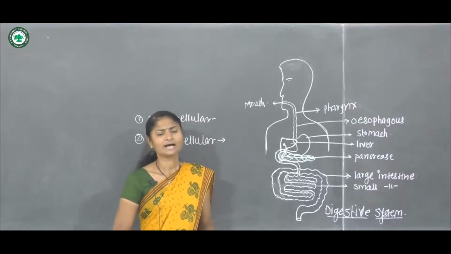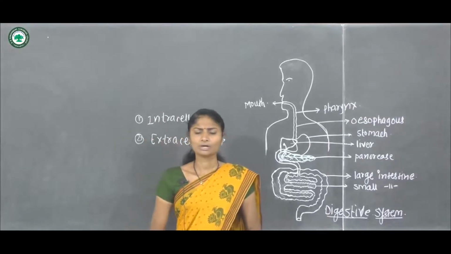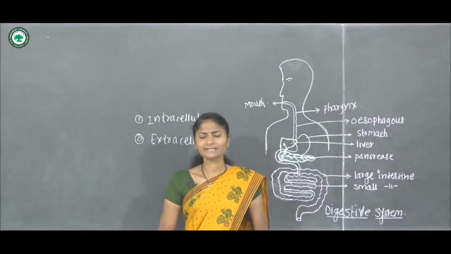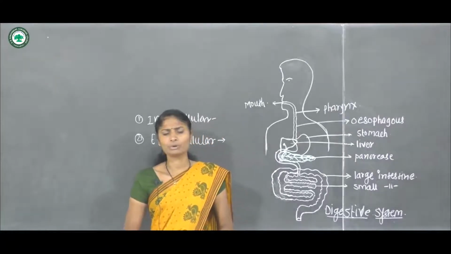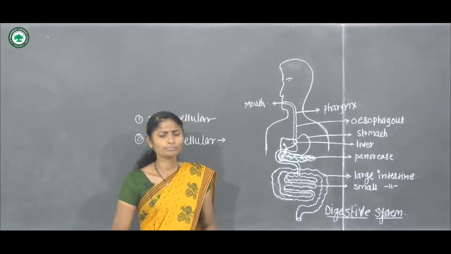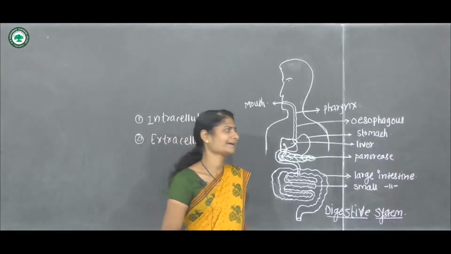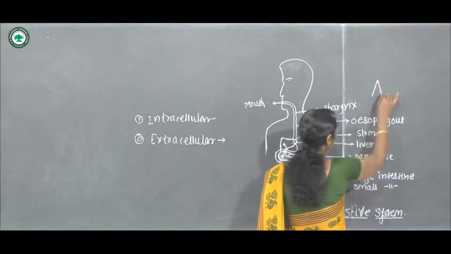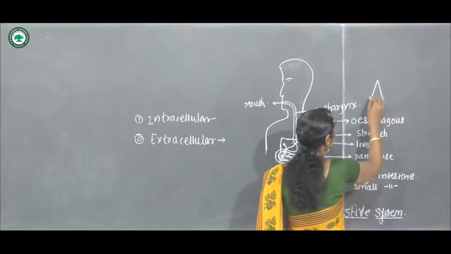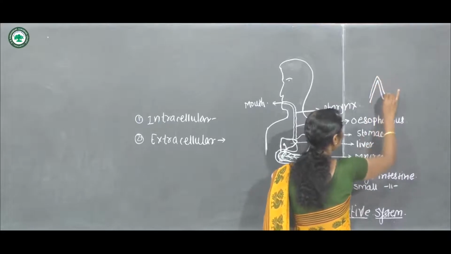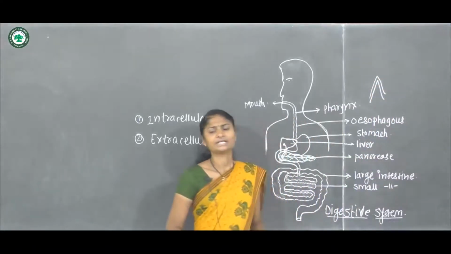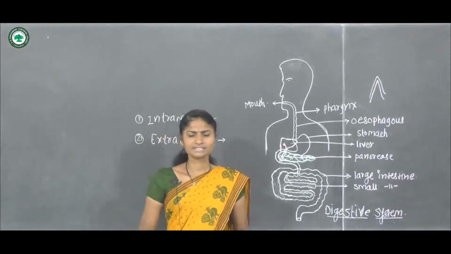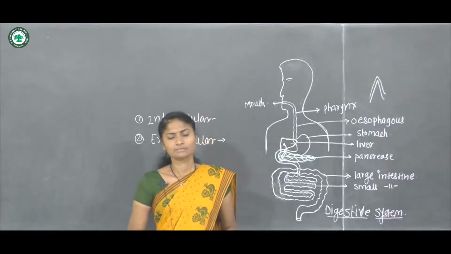The teeth are small, hard organs found along the anterior and lateral edges of the mouth. Each tooth is made up of a bone-like substance called dentine, and the dentine is covered with a hard material called enamel. This enamel is the hardest part in our body.